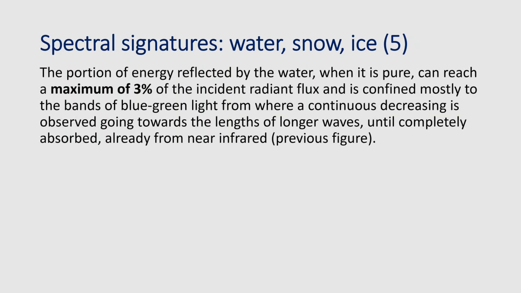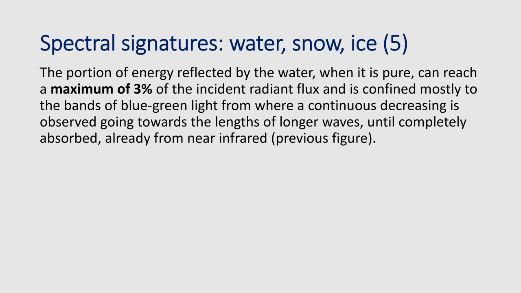The portion of energy reflected by the water, when it's pure, can reach a maximum of 3% of the incident radiant flux, and is confined mostly to the bands of blue-green light, from where a continuous decrease is observed going towards the longer wavelengths, until it is completely absorbed already from the near infrared.